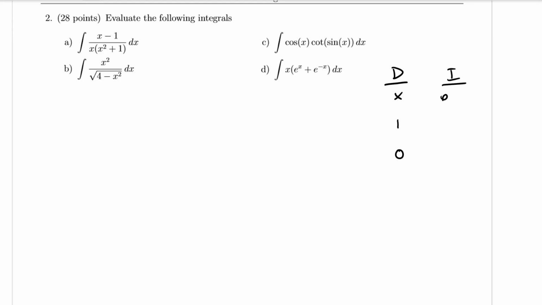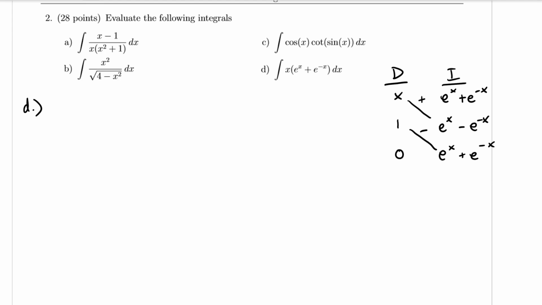The function that I'm going to integrate will be e to the x plus e to the negative x. If I take the antiderivative of that, I would get e to the x minus e to the negative x. And if I took the antiderivative again, we would get e to the x plus e to the negative x. I'm just going to draw my diagonal lines. The first one is positive and the next one is negative.